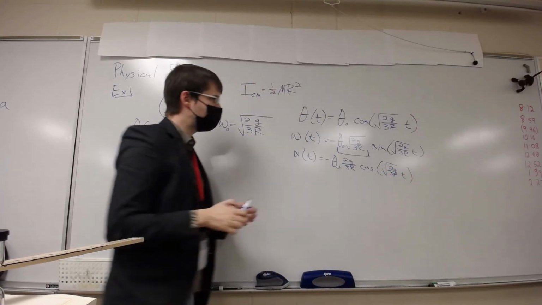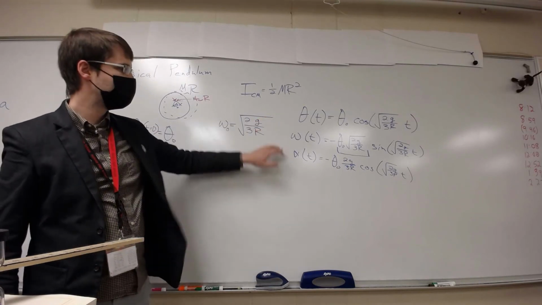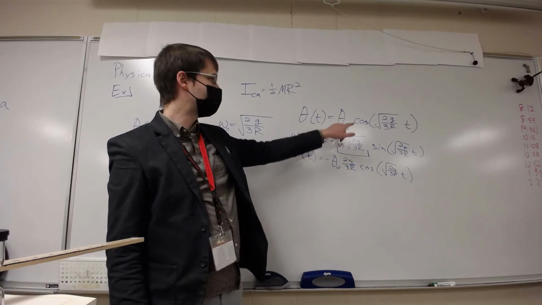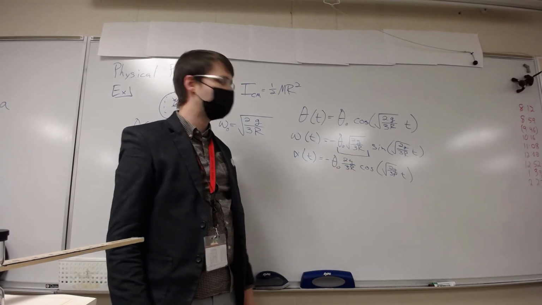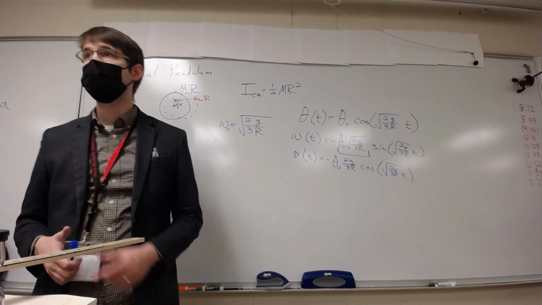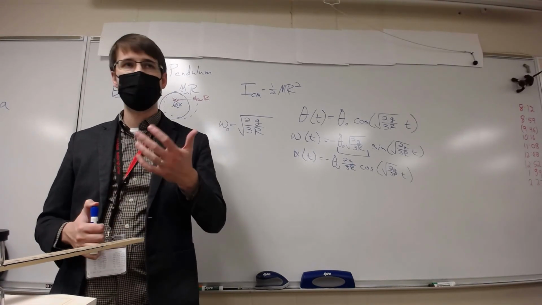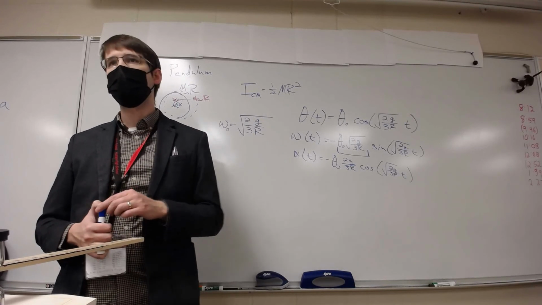And as we had expected, we took this derivative twice. We got the same thing we had at the beginning, but times a negative constant. It's the same exact equation, but just times negative 2g over 3r, which is omega squared in this case. So we take the second derivative, and this then satisfies that condition we talked about at the very beginning of class.